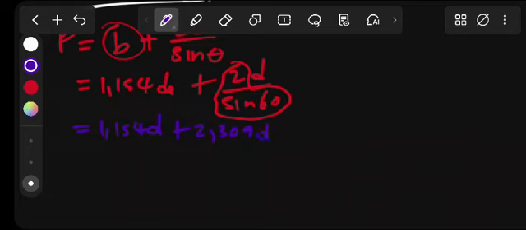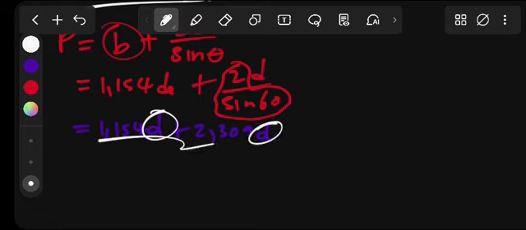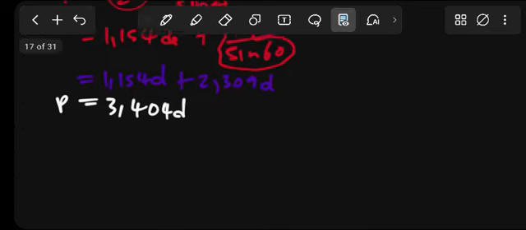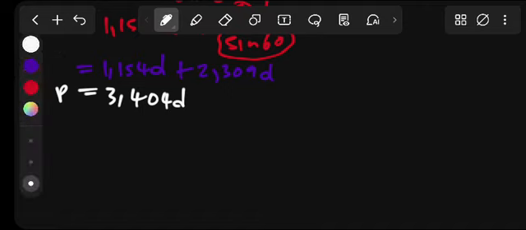Since now we have D and D, these are like terms, simply just add this. We add this, and our perimeter will be 3.404 D, right? So in terms of D, we now have the perimeter, and we also have the area. We have calculated these two.